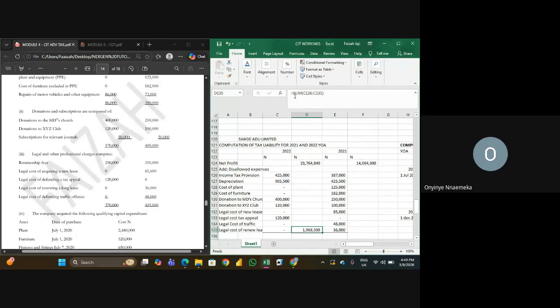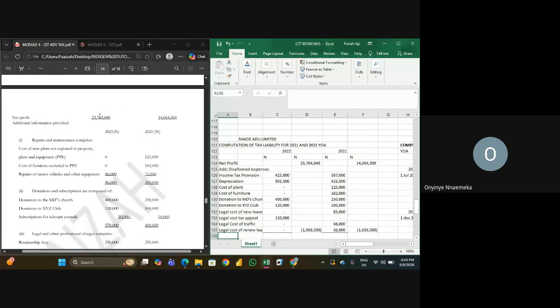I'm putting a minus because we're lessing it. The cost of defending a tax appeal is a disallowable expense. So what else do we have? Let's go check before we go on.